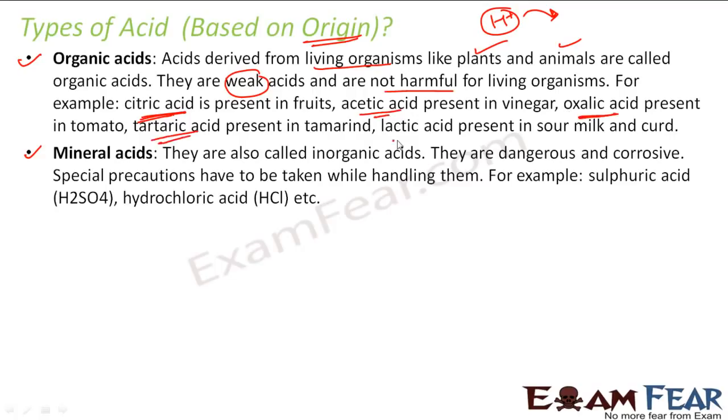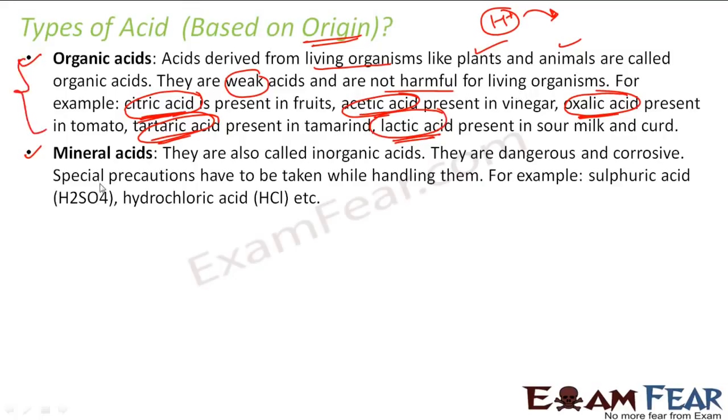Lactic acid you get from milk and curd. So these are the acids which you get from natural things, and they are weak and not harmful. Please remember these terms: citric acid from fruits, acetic acid from vinegar, oxalic acid from tomato, tartaric acid from tamarind, lactic acid from sour milk. So these are the organic acids, weak and not harmful.